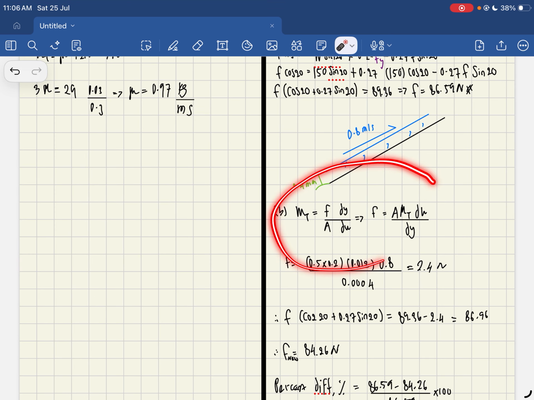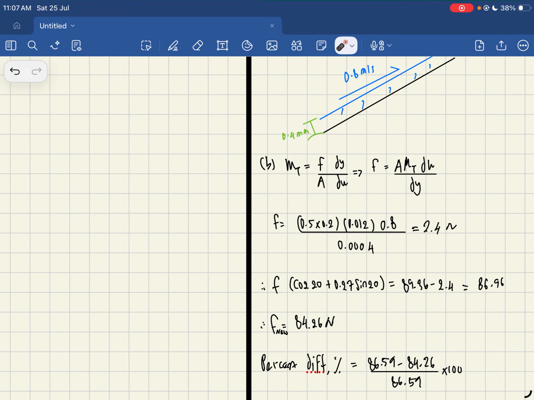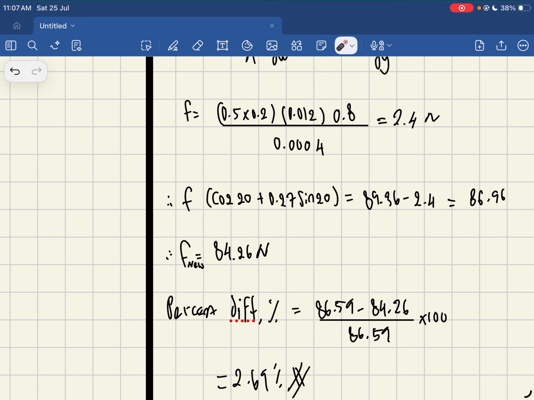Using the formula for the relationship of dynamic viscosity, we just plug in the values, and you will get the friction force equal to 2.4 Newton.